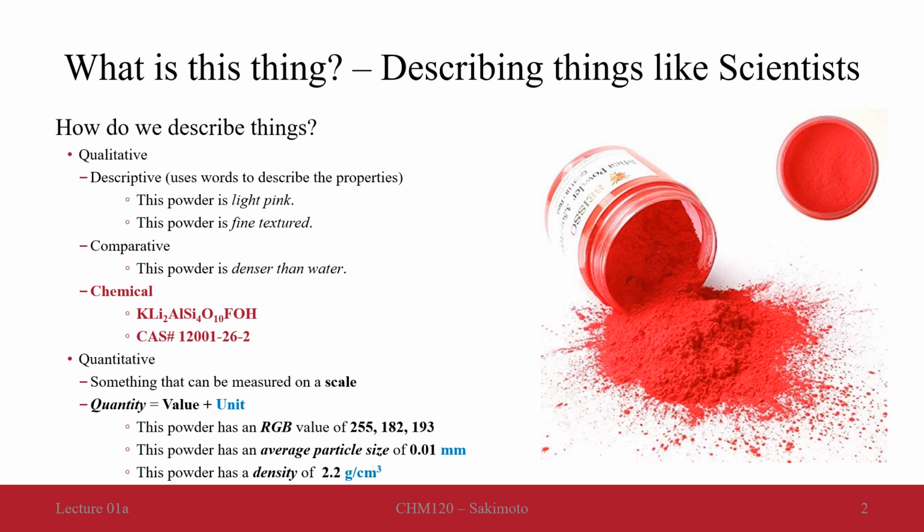We would write a chemical formula, which we'll learn more about in a couple of weeks. But this gives us a precise idea of what this material is made out of, what elements are found in this pink powder. And as another peek toward the future, we might even use something like a CAS number, which acts as a barcode for every chemical in the known world.